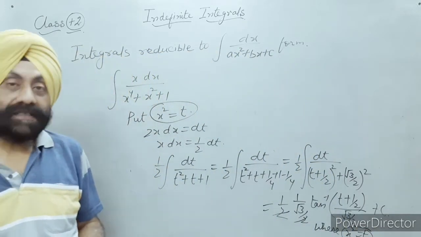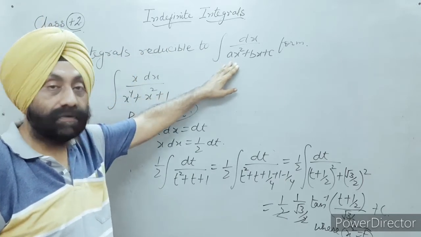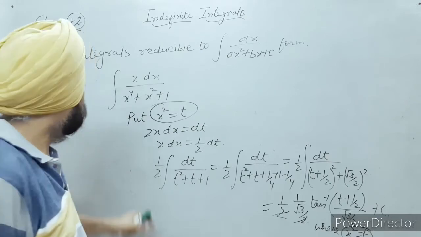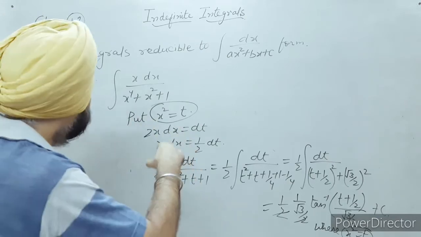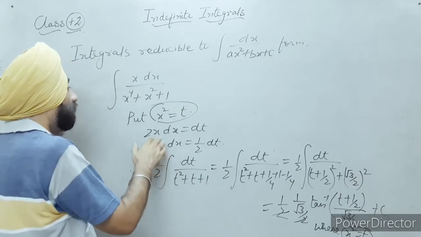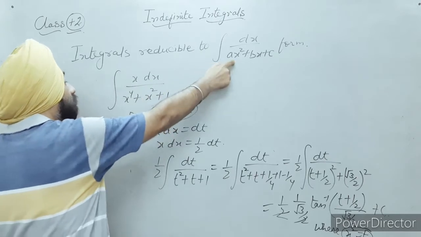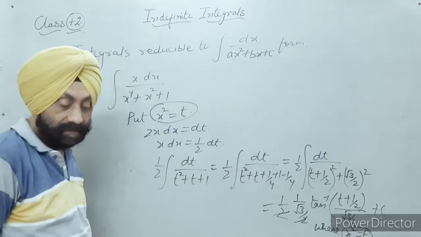Right? This is an integral which will be reduced to this form by one step, that is substitution. Put x square equals to t or whatever is necessary so that the integral is reduced to this form. Then apply the formula.